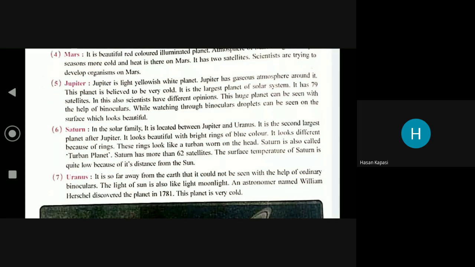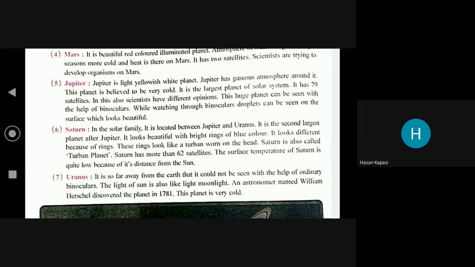It looks like a turban worn on the head. Saturn is also called a turban planet. Saturn has more than 62 satellites. The surface temperature of Saturn is quite low because of its distance from the sun.